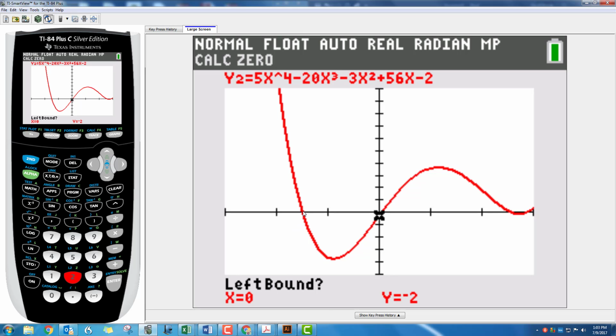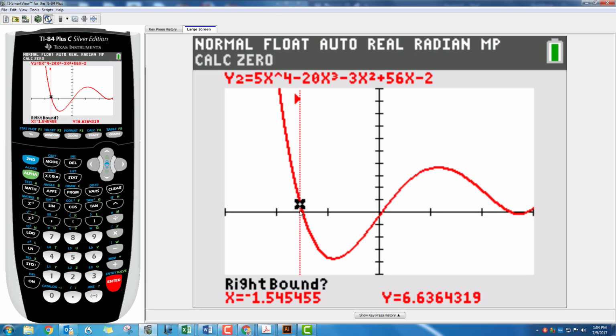We get close to that zero and we want to pick the value to the left of it. So we scroll using the arrow, and you see the X moving along the graph. We're to the left of that zero, so you press enter, and then it's going to ask you for the right boundary. So then you go on the right side of the zero.